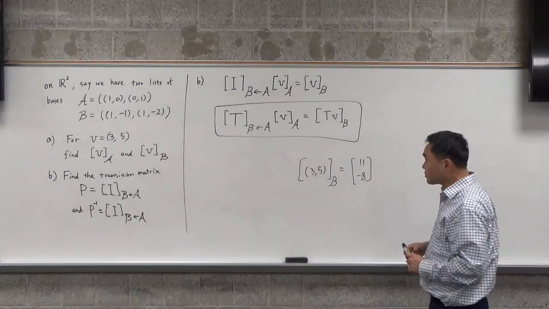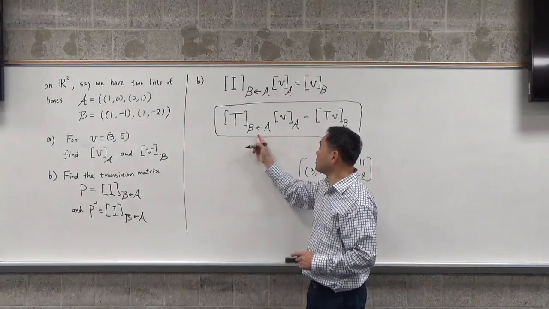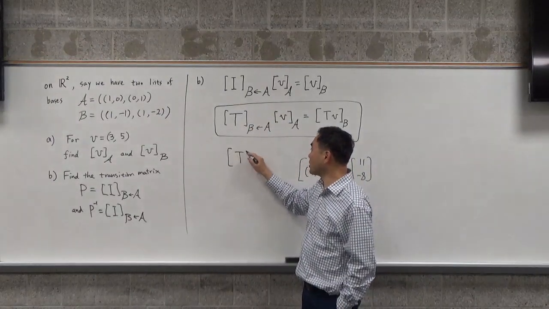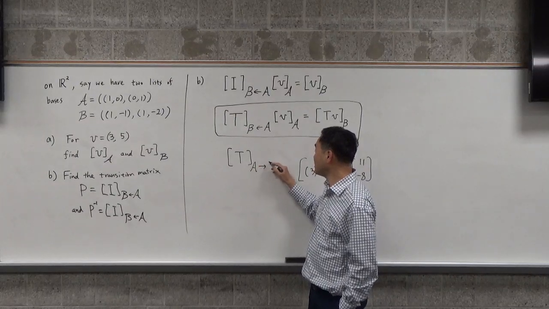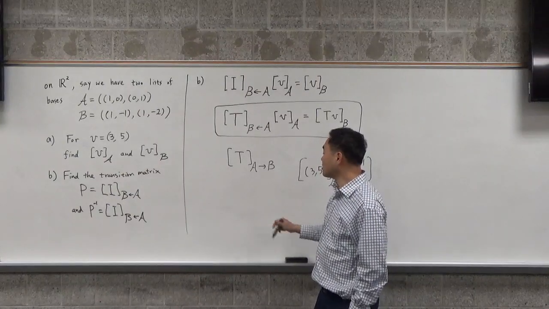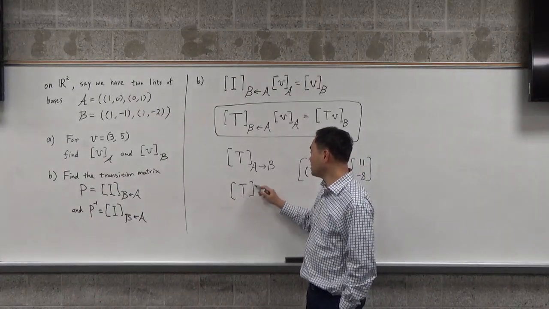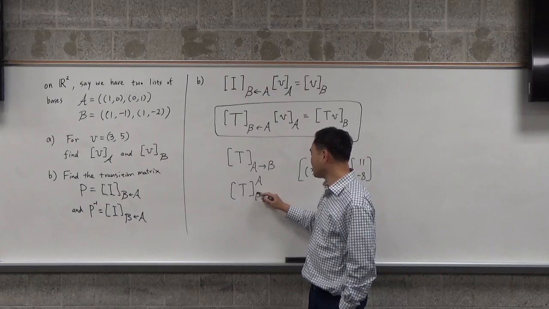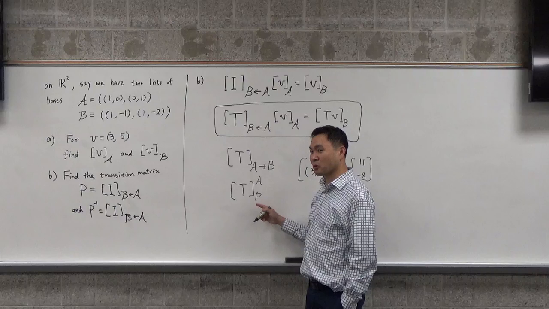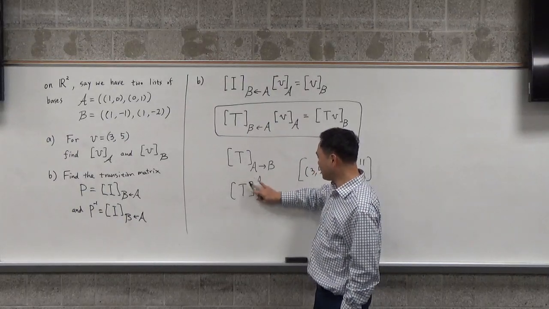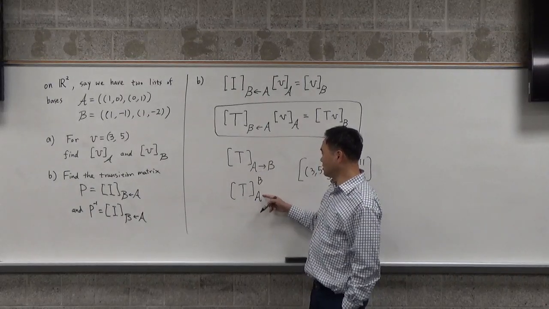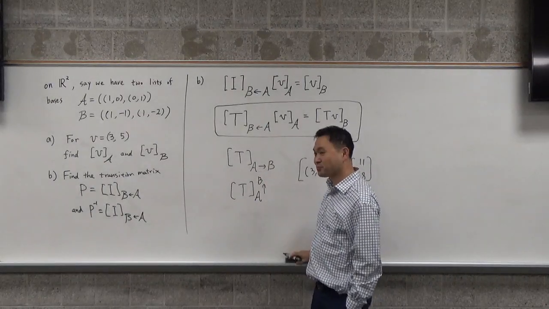Now, note that there are different symbols for this depending on your textbook. Some textbooks would write A to B, because usually arrows go right? Other textbooks would do A and B like that, or was it the other way? And I hate this one because I always forget which is which. I think it's down to up. I think this means this to this, like that.